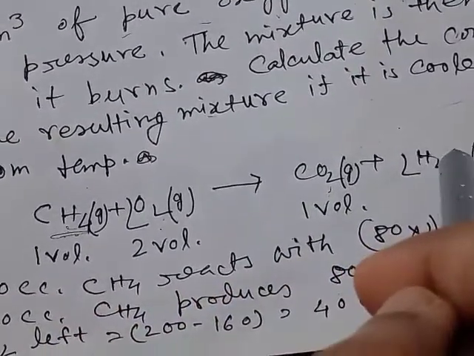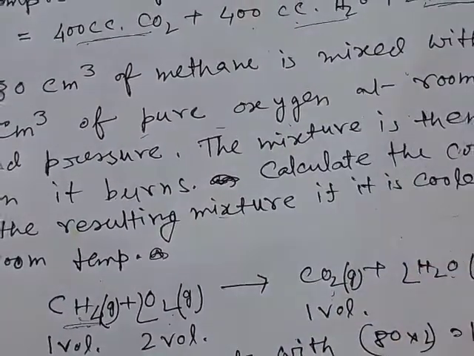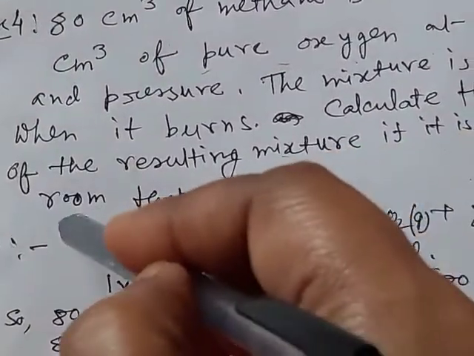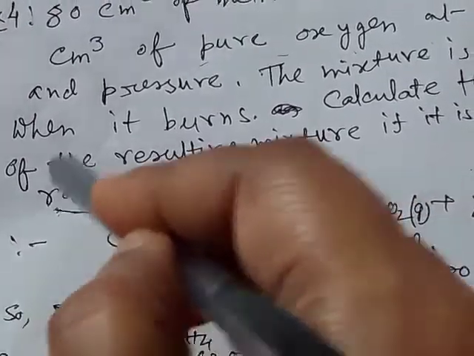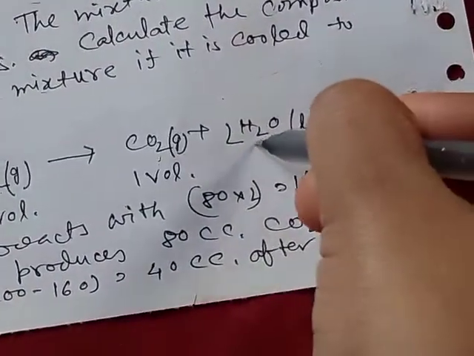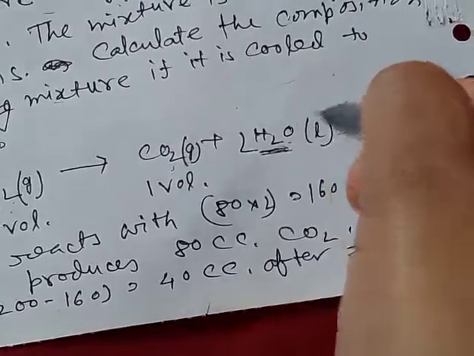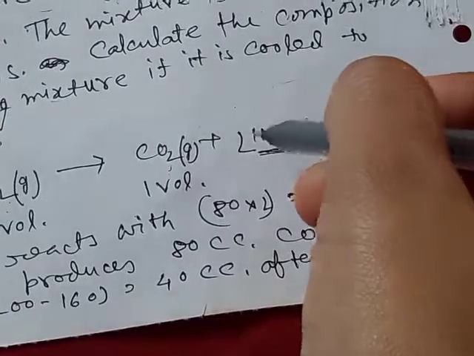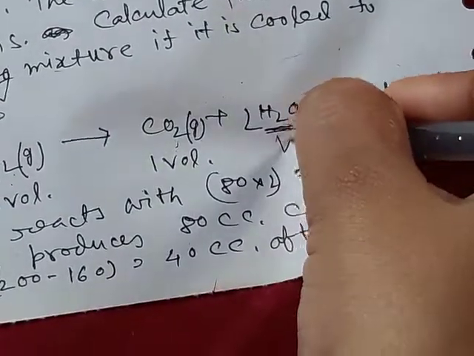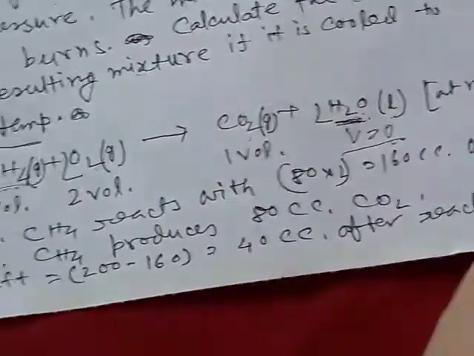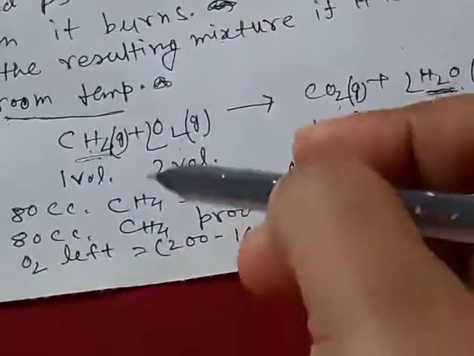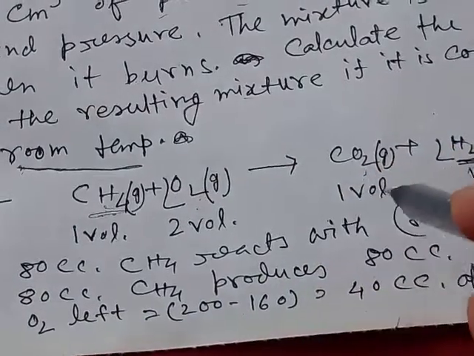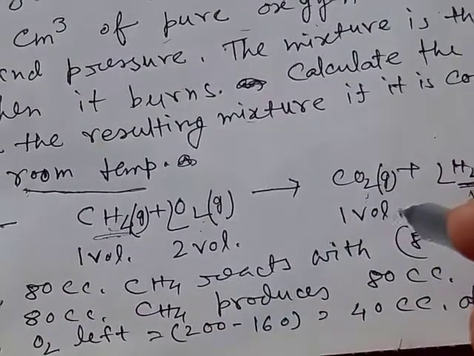So this is the balanced equation, and as the mixture is cooled to room temperature, this is important, we get water as liquid water, so it is no longer a gas, so the volume of liquid or solid can be neglected and considered as 0. So 1 volume of methane reacts with 2 volumes of oxygen to produce 1 volume of carbon dioxide.